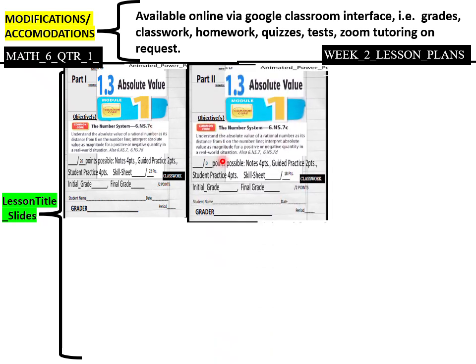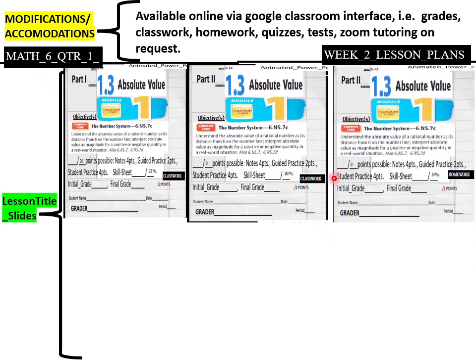And then 1.3 part 2, actually, we have classwork 1.3 part 2. We have the same standard here, 6.NS.7c, and then we have 18 points of classwork and 0 points of note-taking.